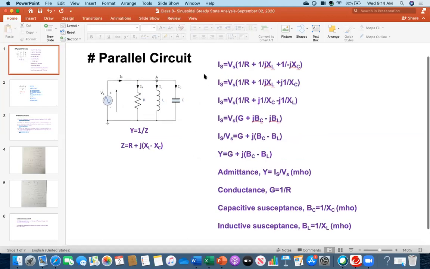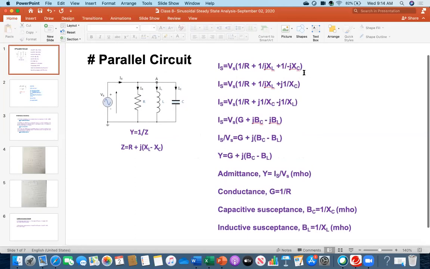Everybody see the very first equation from this circuit. Is is the total current, and that current is divided into three parts: something goes through R, something through L, and something through C. Because this is a parallel circuit, the same voltage applies across each component.